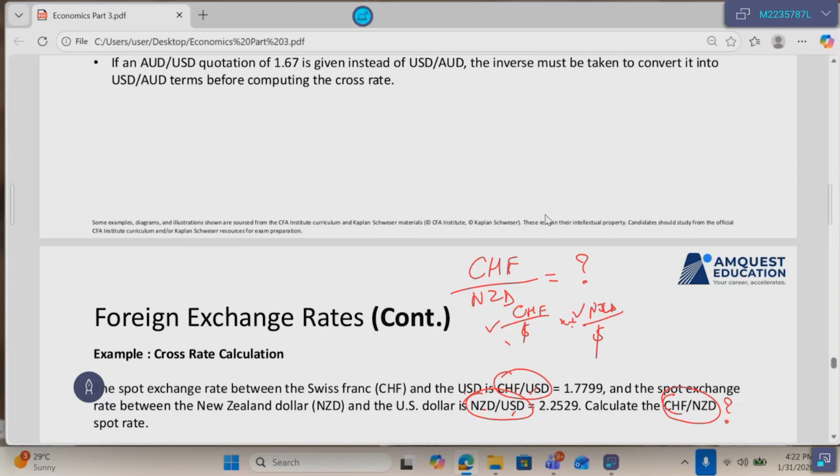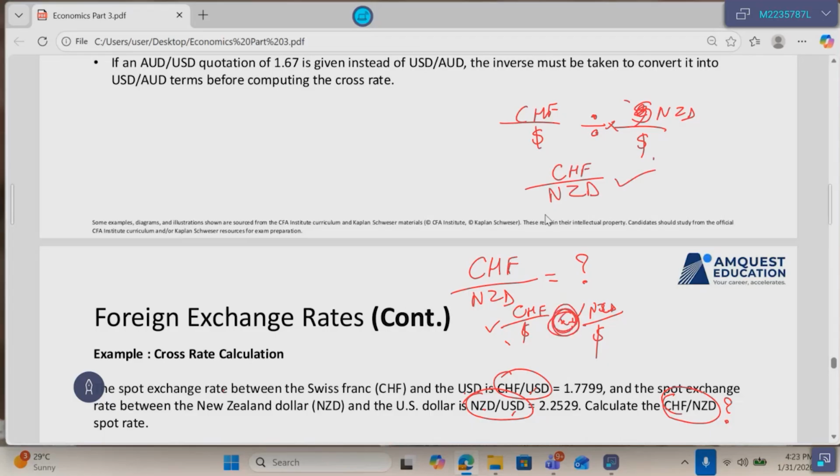So because you want CHF per New Zealand dollar, you take CHF per dollar and you divide it by the New Zealand per dollar. Uske se kya hoga? This dollar will go up when you divide, cancels, and the dollar will come down. So the final answer is CHF per New Zealand dollar. Clear? So this division or multiplication itself is a tough decision to make.